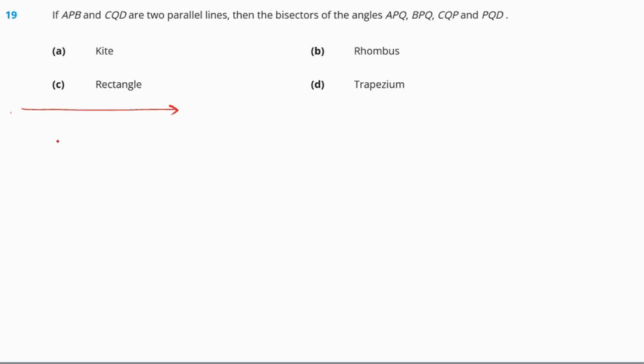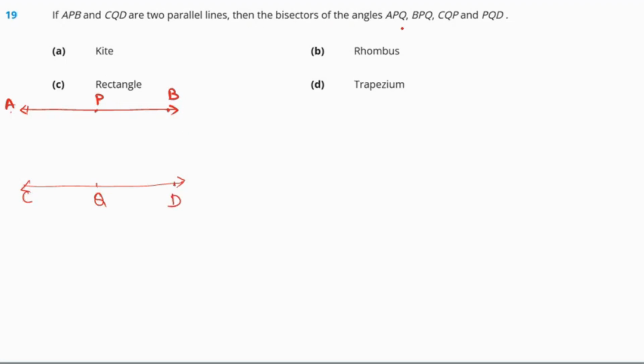Suppose this is a line which is APB, and another line is CQD. So this is A, P and B. Okay, the next line we have is C, Q and D. They are parallel to each other.